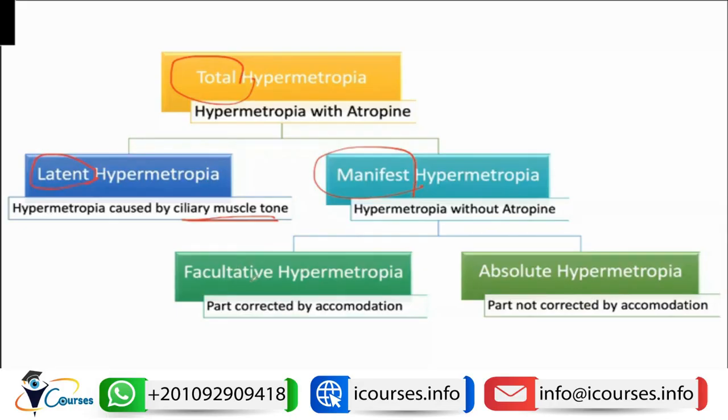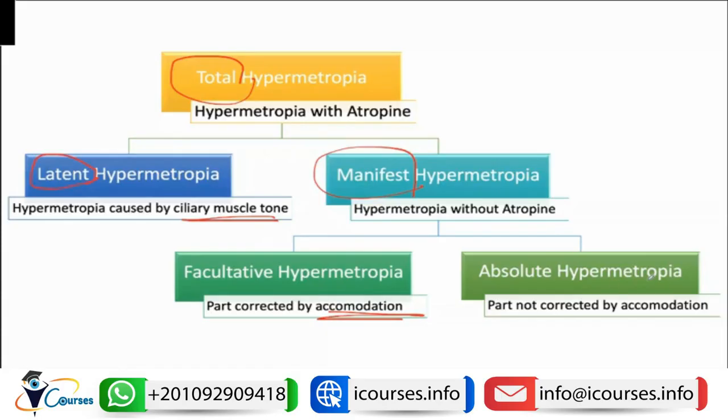What is the facultative hypermetropia? This is the part that is compensated by the patient's accommodation. For example, if the patient has 4 diopters of accommodation, he can correct 4 diopters of his manifest hypermetropia, and this is called facultative hypermetropia. The patient will not be symptomatic from this part.